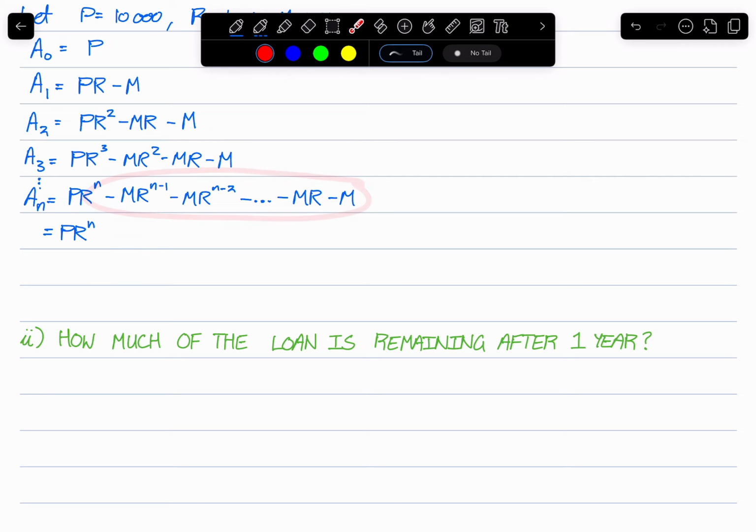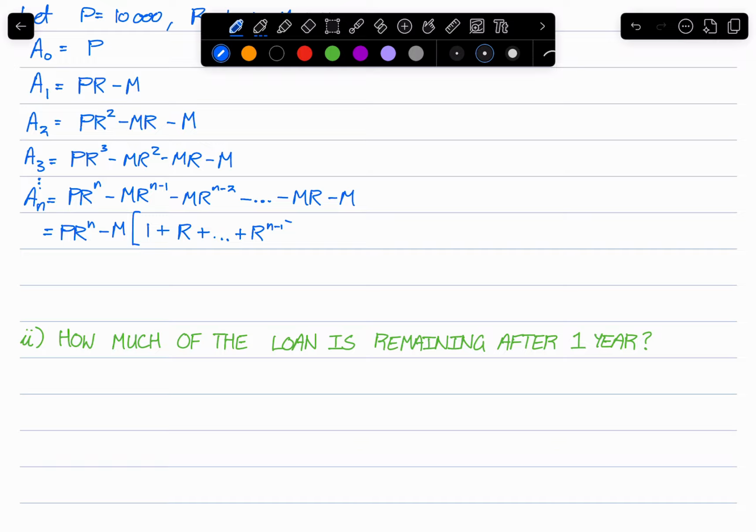Often it's going to be a common factor of negative M. And again, for this one, I'm going to reverse the order so that it's increasing. So negative M times something gives me this one, that's going to be positive 1, plus negative M times something gives me this expression. That gives me R plus, and this goes all the way up until R to the power of n minus 1.